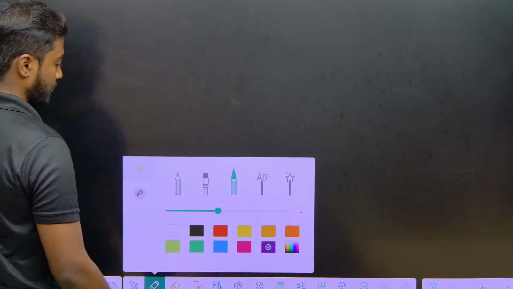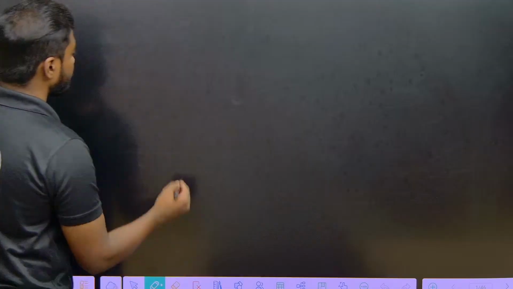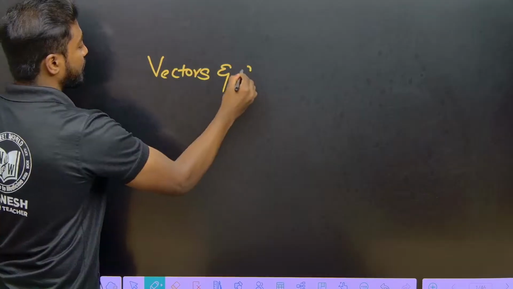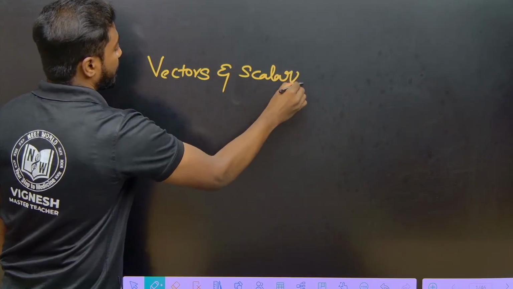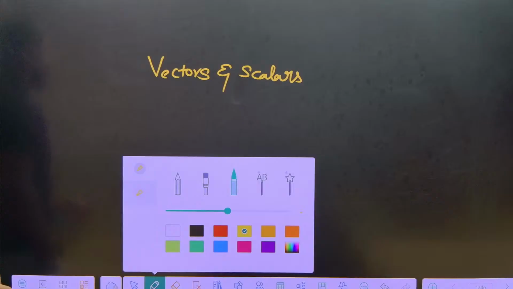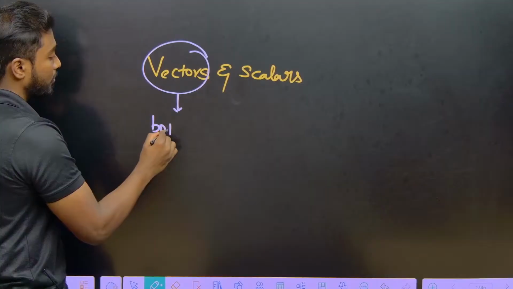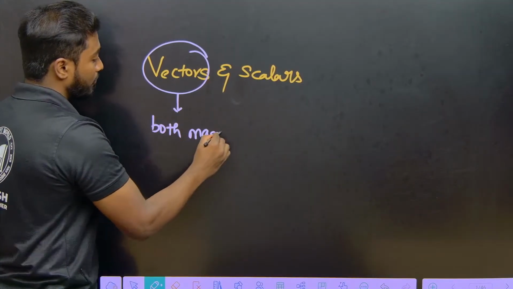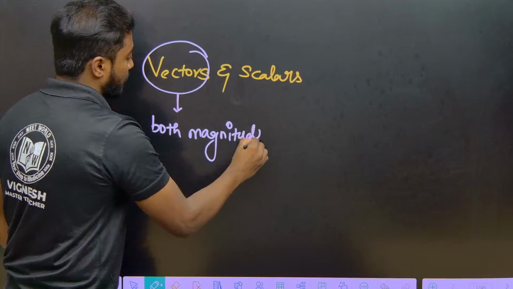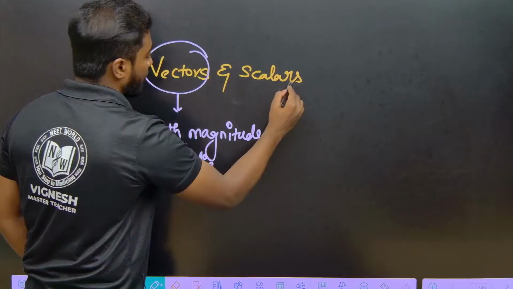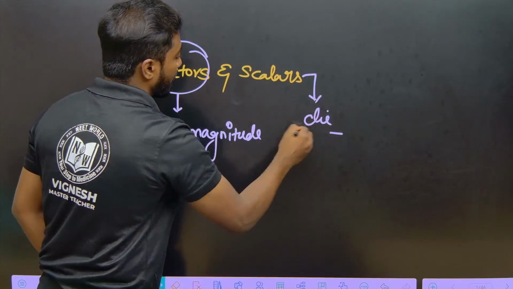So in today's class we are going to start with vectors and scalars. So the main difference between vectors and scalars is that vectors have both magnitude and direction, and scalars have only magnitude.